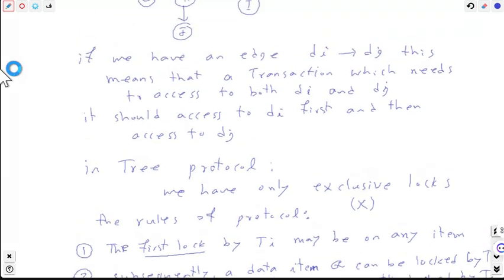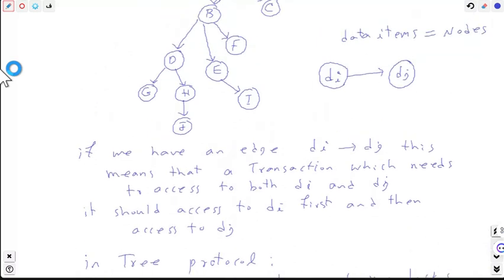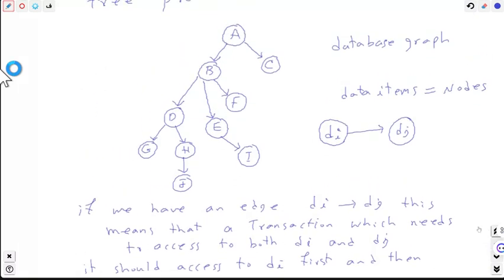Let me explain on the picture. For example, a transaction can lock any data item of this tree for the first request. The first lock request can be on any data item. After that, the transaction can only lock a data item if it has locked its parent.